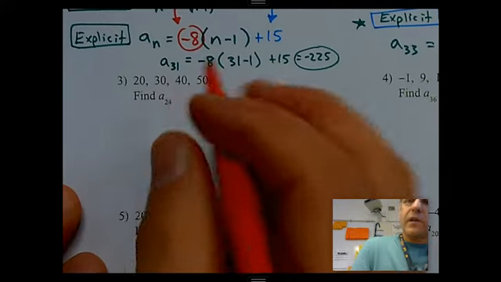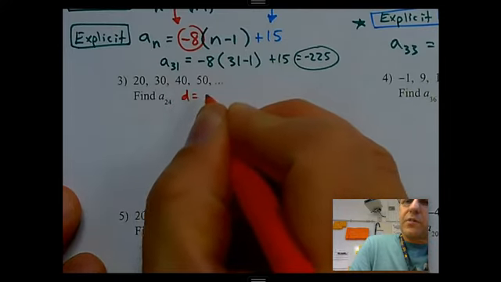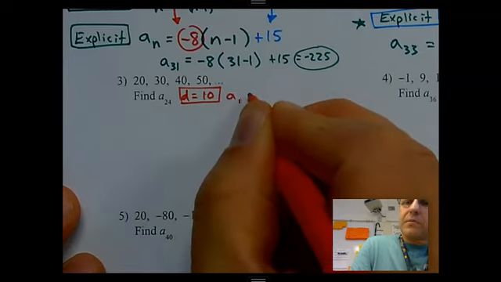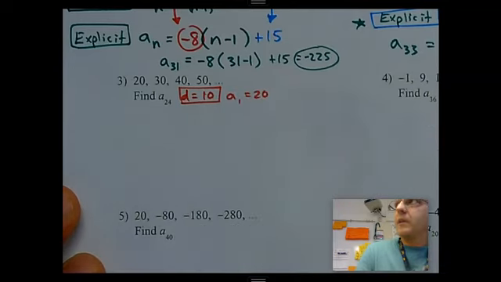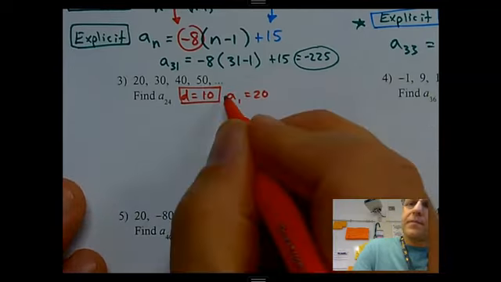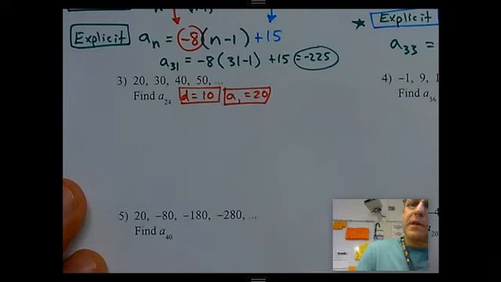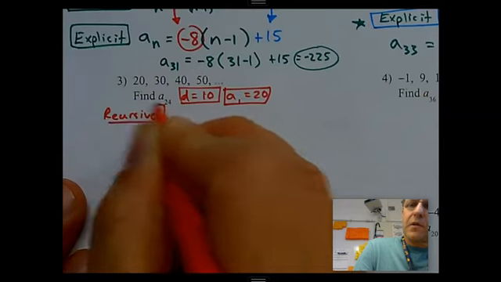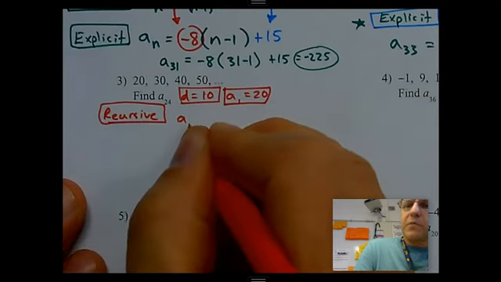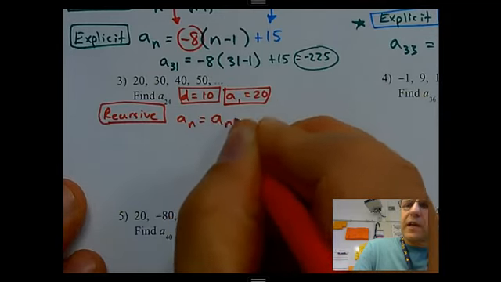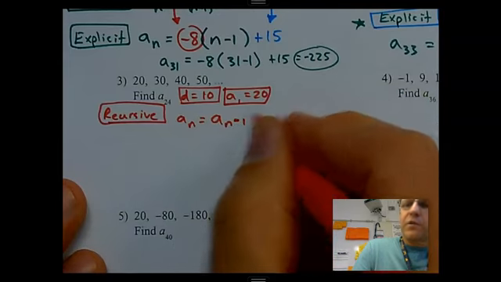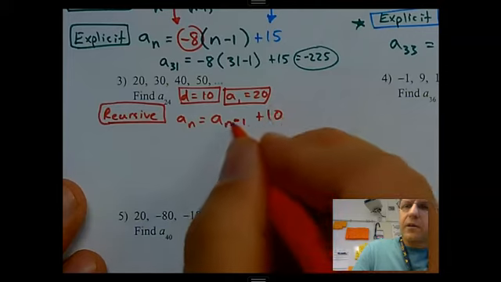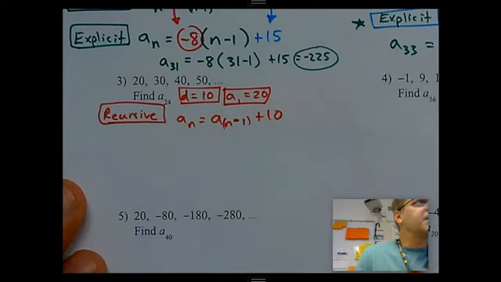What's this one doing? Well, pretty sure this one is adding 10. And the first term is 20. Cool. Right? So if we want the recursive formula, pretty easy. We just say that we want the previous term and add 10. This is in subscripts down here.